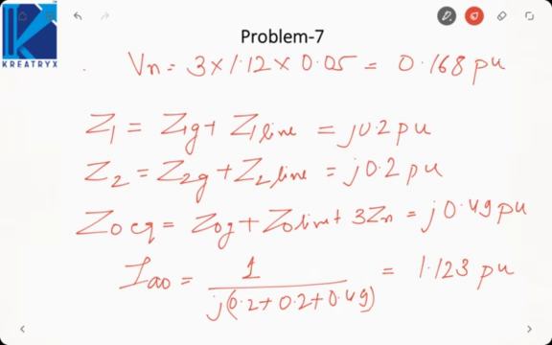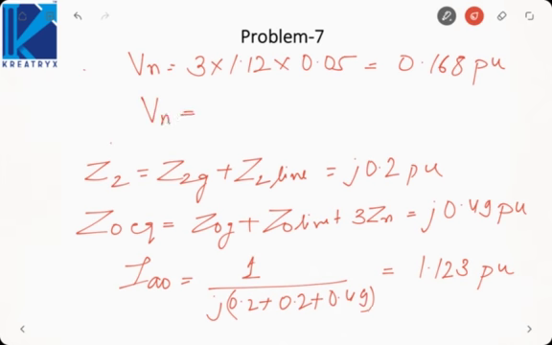To calculate the actual value, we will multiply it by the base. Vn will be 0.168 into 6600 by root 3, which will be 640.18 volt. So here we have to take the phase voltage base value because it is not the line to line voltage, rather the neutral voltage.